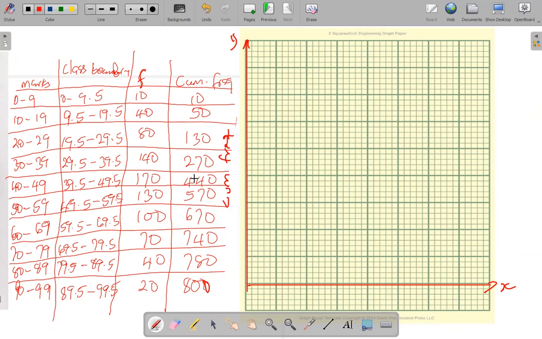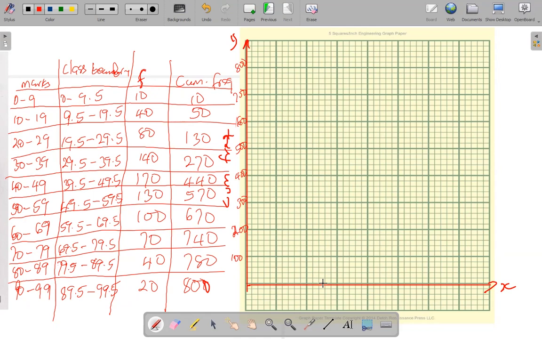Let's use 2 centimeters to 100 units, so that there will be 100, 200, 300, 400, 500, 600, 700, and 800.